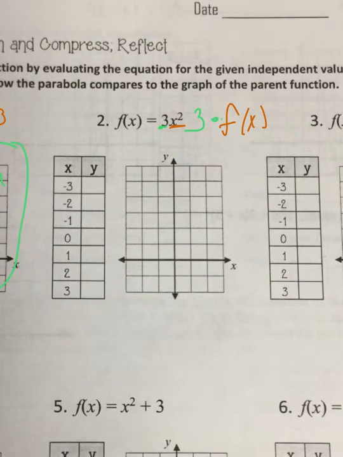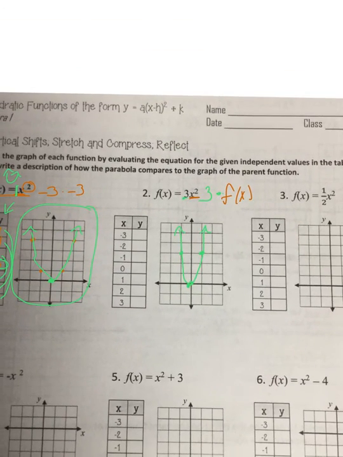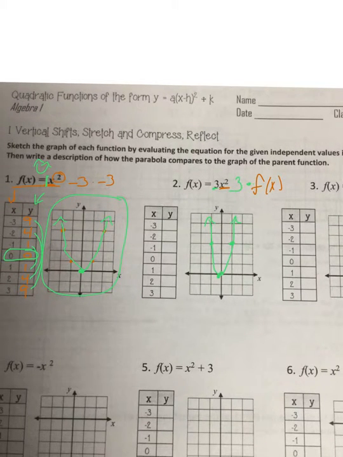And when I do that, what I'm going to end up getting is a graph, a function, because it passes the vertical line test, that looks like that right there. So if I was to compare the two, automatically I can see that this new graph that I have, let me make it a little darker for you, it looks skinnier compared to the parent function.